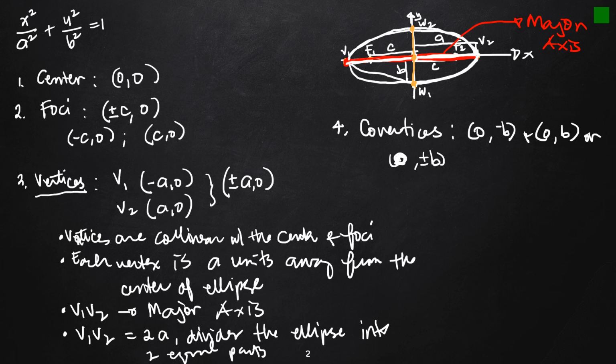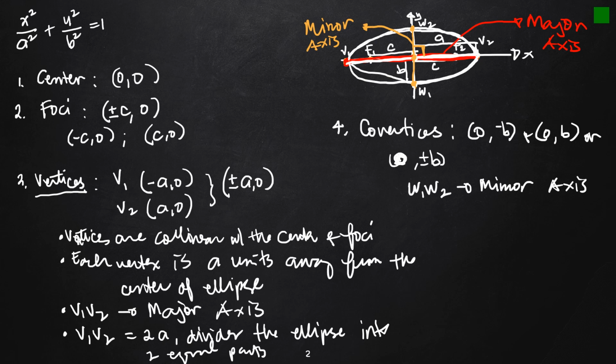And if you look closely, this segment is perpendicular to the major axis, and it is called the minor axis of the ellipse. Therefore, W sub 1 to W sub 2 is the minor axis of the ellipse. So the endpoints of the minor axis are the co-vertices, while the endpoints of the major axis are the vertices.